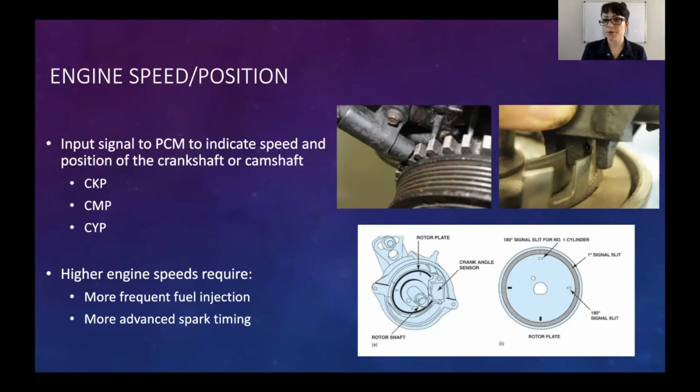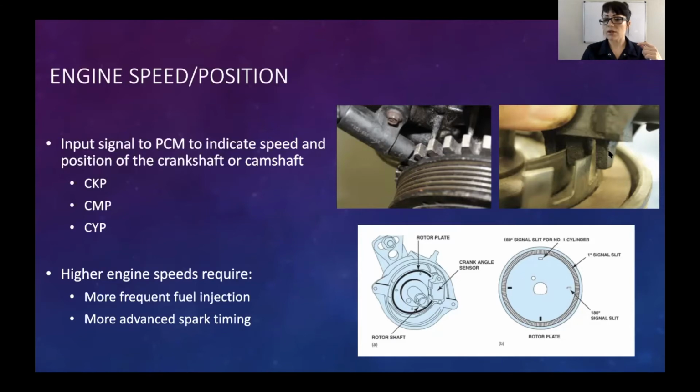The Hall effect's going to produce a digital signal, and our magnetic pulse generators are going to produce a sine wave or an analog signal. Higher engine speeds are going to require more frequent injection and more advanced spark timing, so this is really, really important. Not to mention, we need some sort of reference. So generally, one of these teeth is going to be larger or smaller.